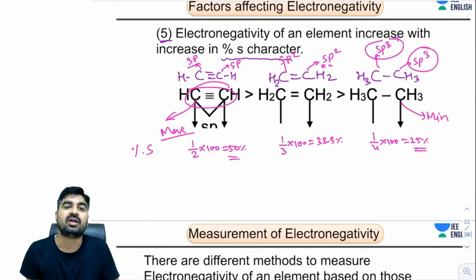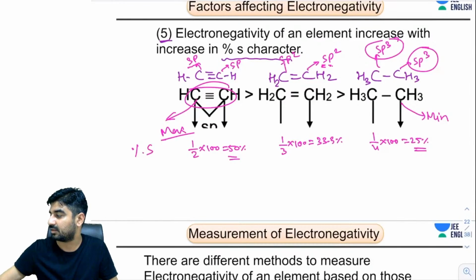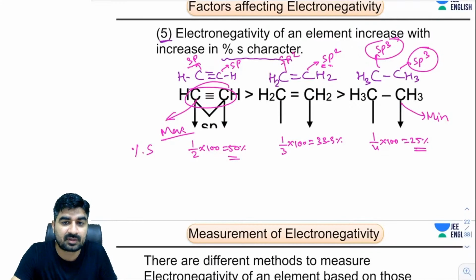At this point of time, it is very difficult to make you understand, because you don't know what is hybridization, what is sp, what is sp2. Just forget about it. Here we have just done percentage s character. As percentage s character increases, electronegativity increases. That's it. Right? Any doubt?